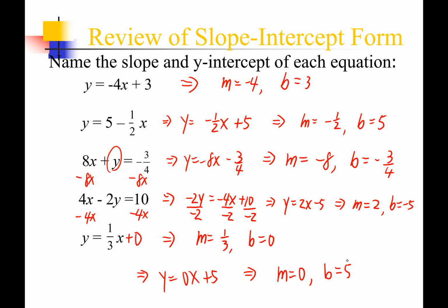And this one is called a horizontal line, and that's why the slope is 0, right? It doesn't go up or down, it just remains flat. Okay, and this is how we identify the slope and y-intercept given the equation in any form, right? You can always convert it back to the slope-intercept form and then locate the slope and y-intercept.